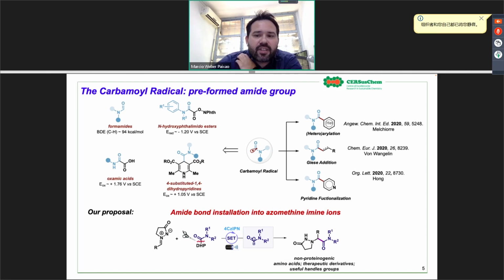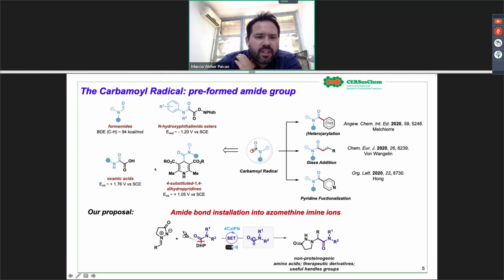Under these conditions, the carbamoyl radical has been accessed through a hydrogen atom transfer mechanism, when formamides are used, or oxidative procedures, or reductive protocols.